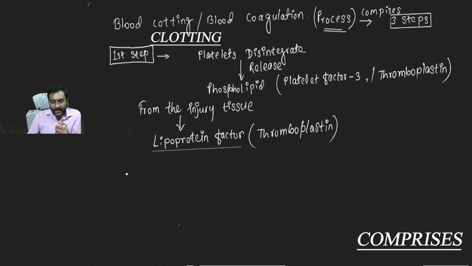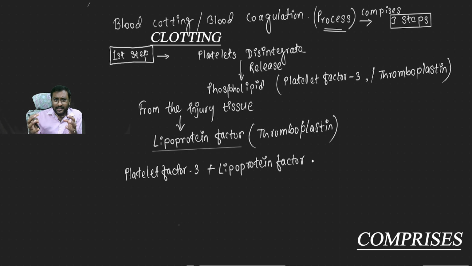One is known as platelet factor 3, and the other is known as the lipoprotein factor. These two factors combine with calcium ion, meaning Ca2+ ion, and also combine with blood plasma protein.